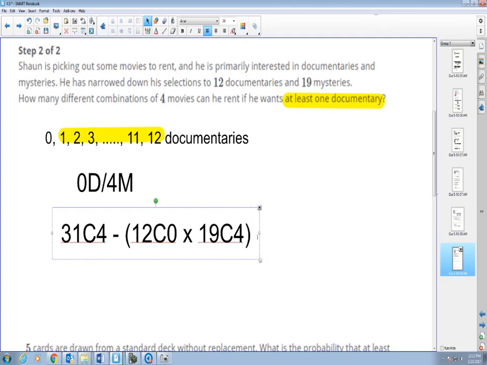Okay, so if you type the second part in the calculator and subtract, I believe the answer will be 27,489 ways we can pick at least one documentary. So that will be the total number of ways from 1 through 12, except 0. Alright.